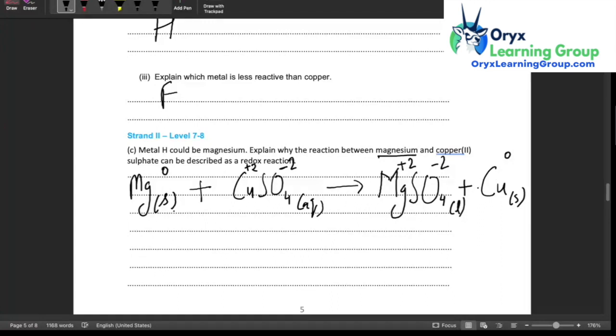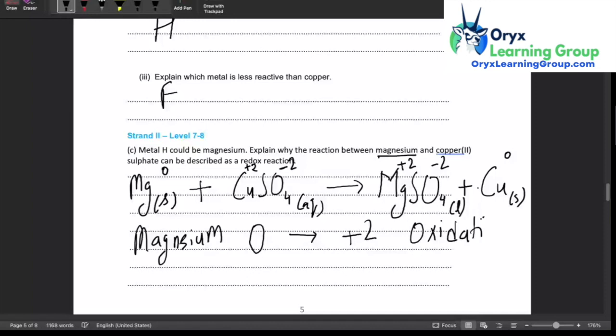So in this reaction, magnesium is going from 0 to +2, right? So it is undergoing oxidation. When there is an increase in the oxidation state, it is oxidation, right? And you can see that copper is going from +2 to 0, so it is undergoing reduction.